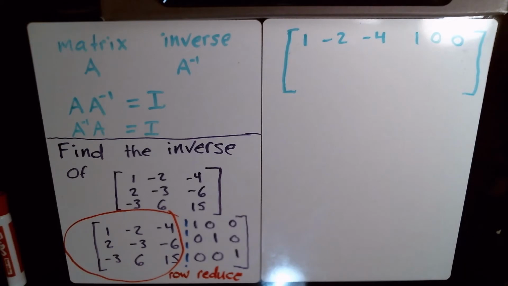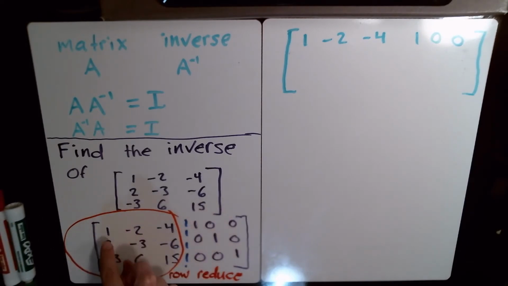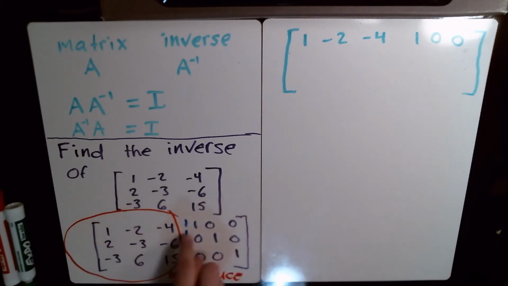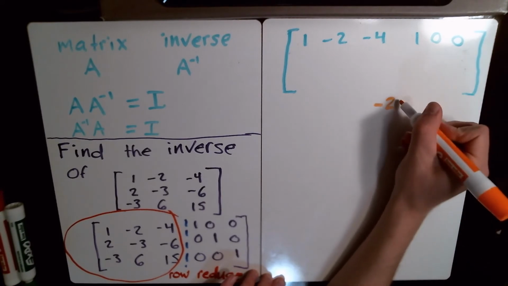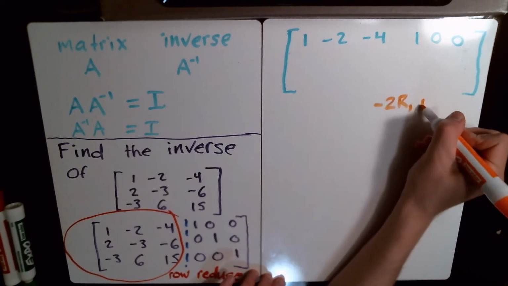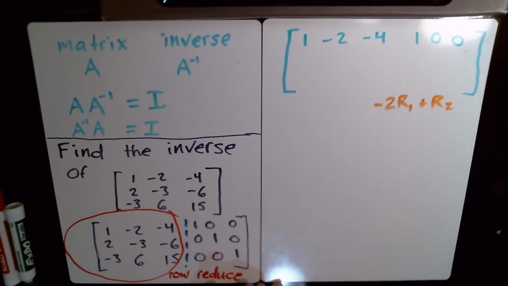Okay. So what I'm going to do is I am going to take multiples of this first row and add it to the second row. So to get rid of this 2 here, I'm going to have to times this top row by -2 and then add it to the second row. Okay, so I'll keep a little note here. This is kind of a big matrix, but we're going to do -2 times the first row, and we're going to add it to the second row.